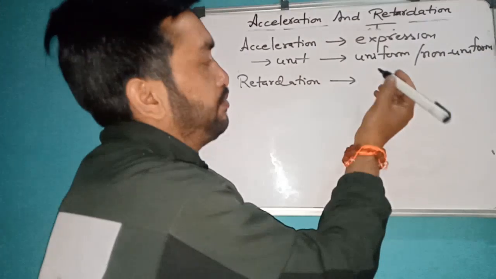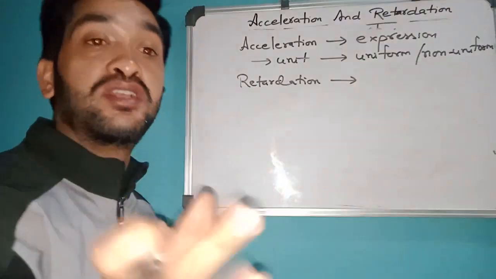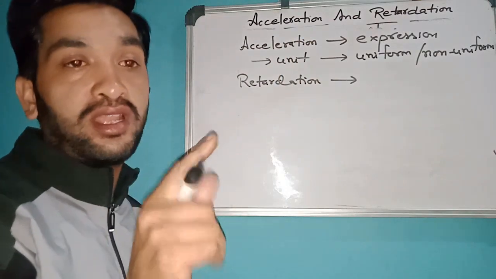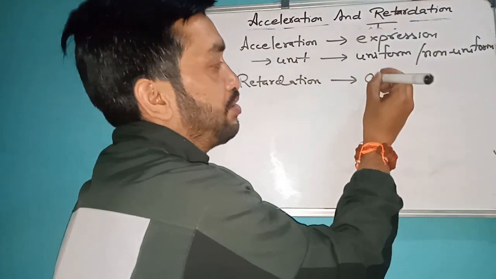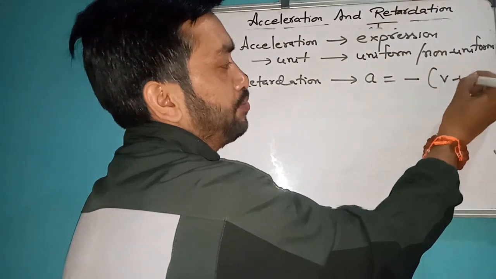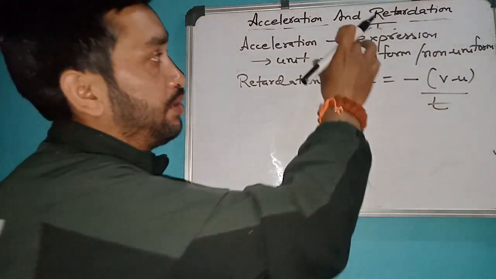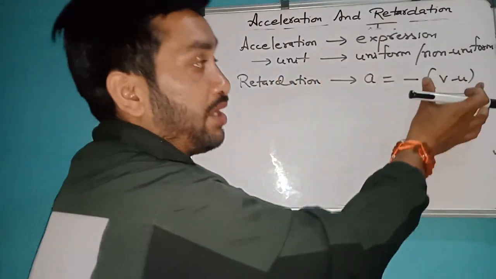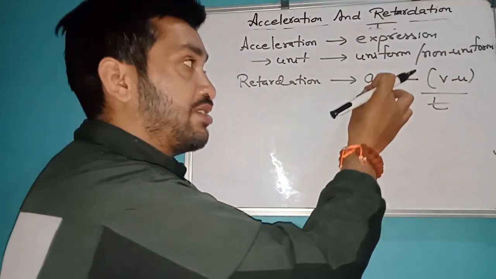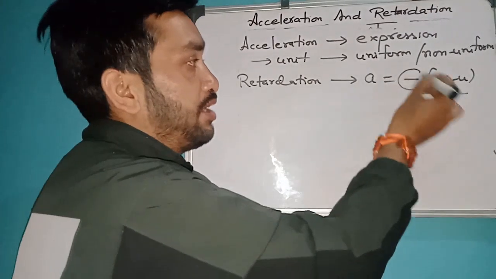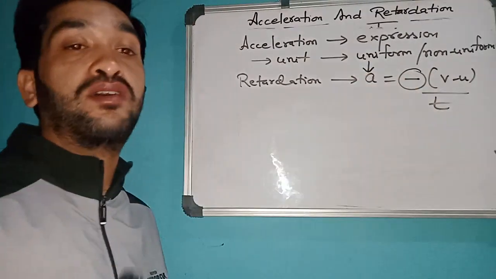Then the expression is the same as for acceleration, but as I told you, you have to use a negative sign there. For acceleration it was V minus U by T, and if acceleration is minus V minus U by T, the negative sign here means that this acceleration is retardation.